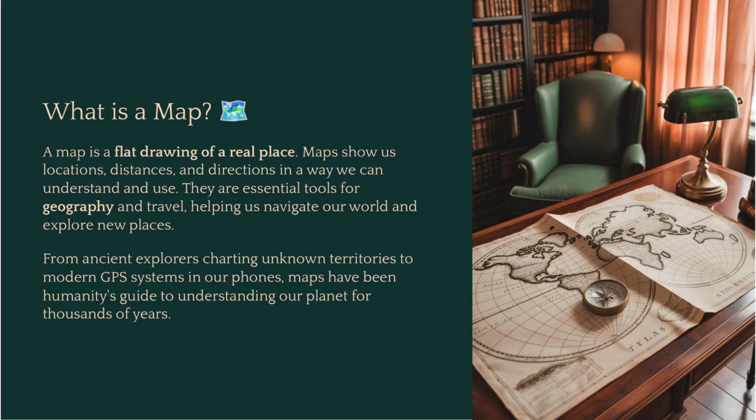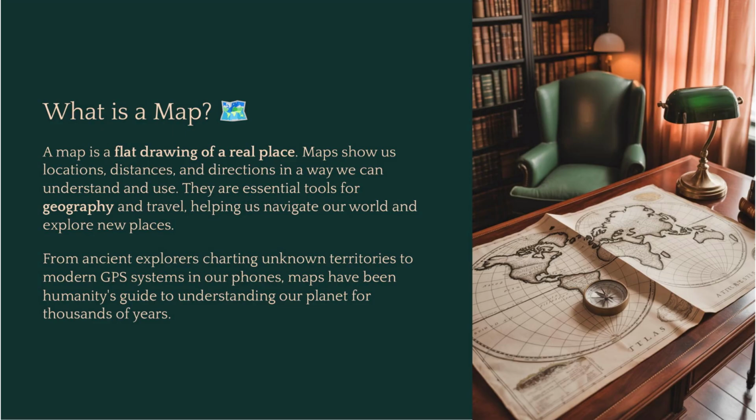Imagine you're trying to explain where your house is to a friend, but you can only draw it on a piece of paper. That drawing is a kind of map. A map is essentially a flat model of a real place, whether it's your neighborhood or the entire planet. Because the world is so huge, cartographers, that's what we call map makers, use special tools and rules to shrink it down accurately.